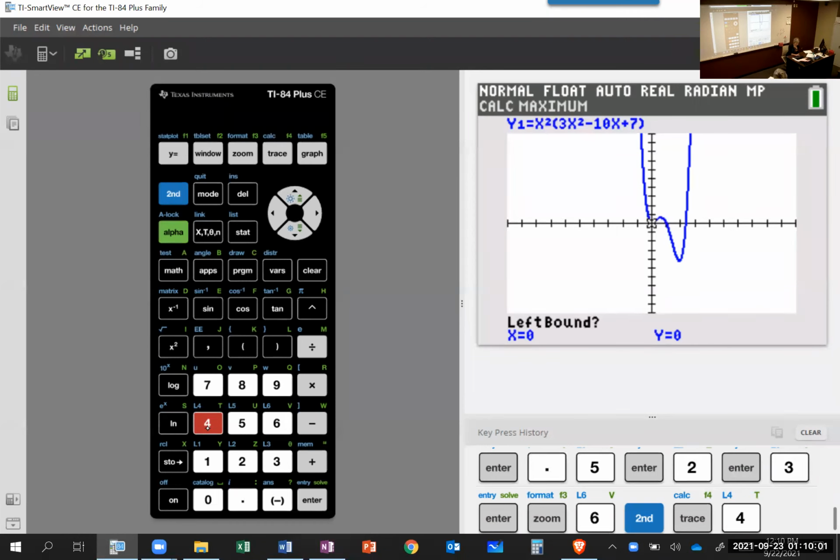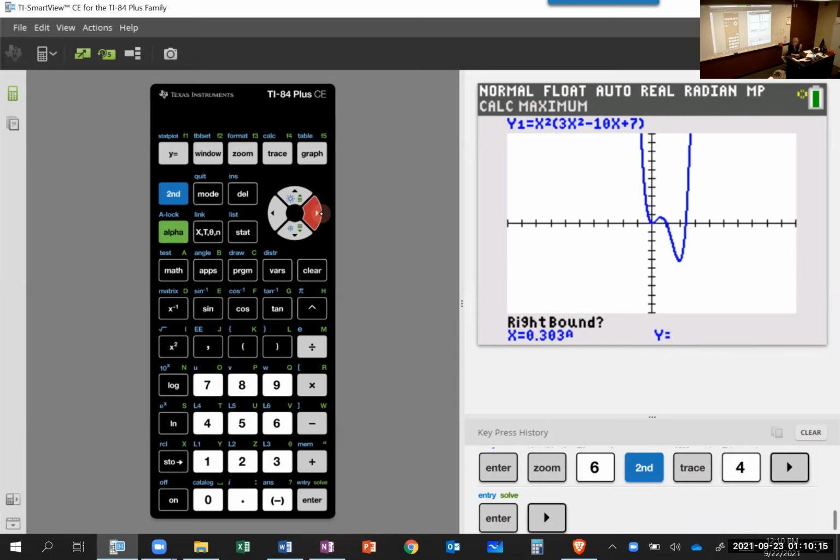My arrow is flashing. I'm going to scoot over just a little bit because it defaulted to, I think, 0. Now you have to tell the left boundary, so I want to mark it on the left side of the max. So I'm going to hit enter somewhere up to the left of that. I'm going to arrow over past my maximum and mark my right boundary somewhere. It asks me for a guess. I don't know, that's kind of the point of the calculator. And I hit enter one more time.